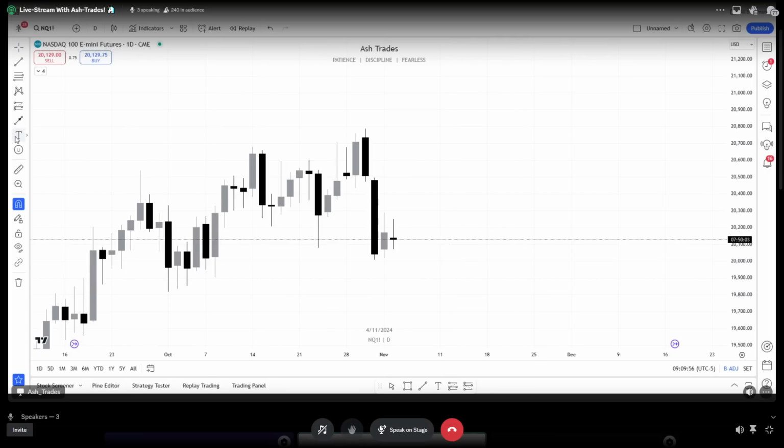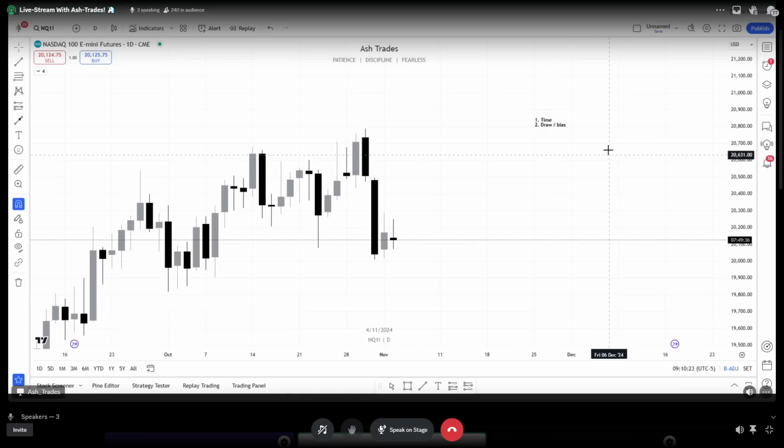Right, so now we're talking about the first two things that create this model, which is time, draw on liquidity or bias. It's the same thing. Now we're looking to execute a breaker block plus an FVG at a higher time frame level that is aligned with these two things.